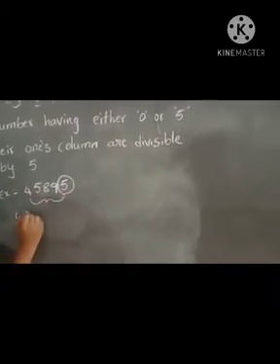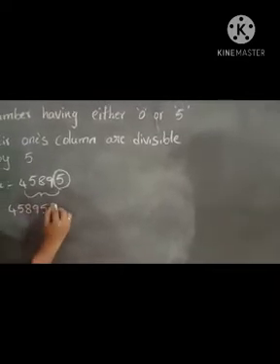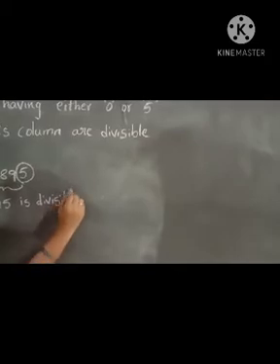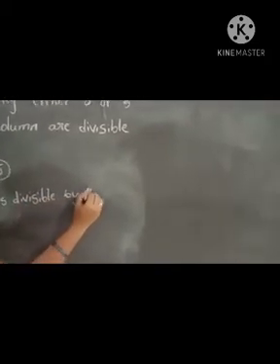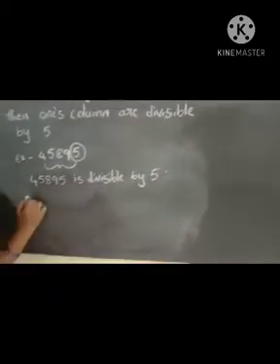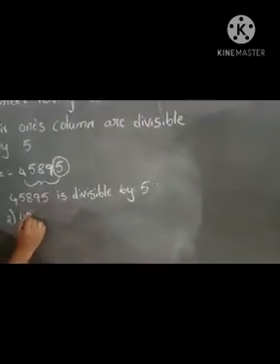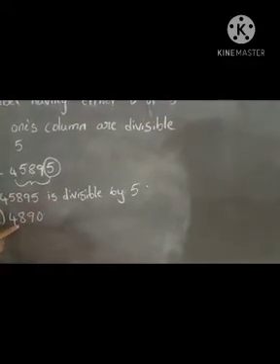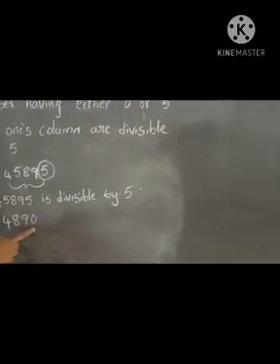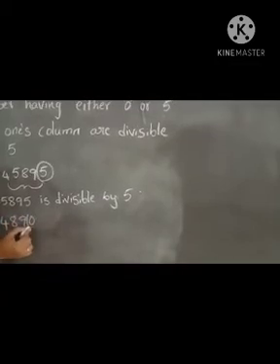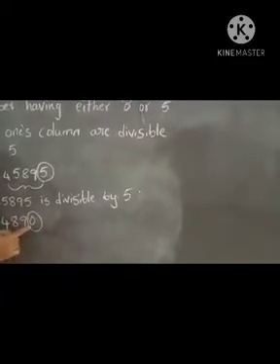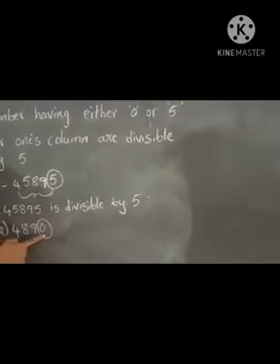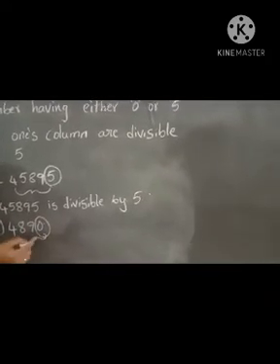Okay, see, 45895 is divisible by 5. Next, see the second example. 4,890. In ones column, what is the number, children? In ones column, the number is 0. Is 0 there, meaning it is divisible by 5 or not? Yes. The total number is divisible by 5.